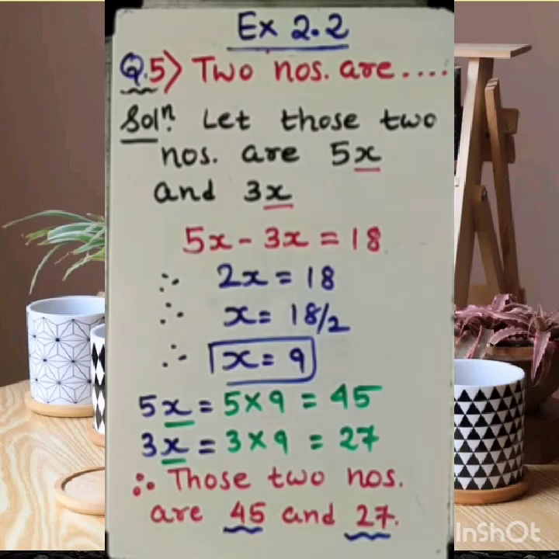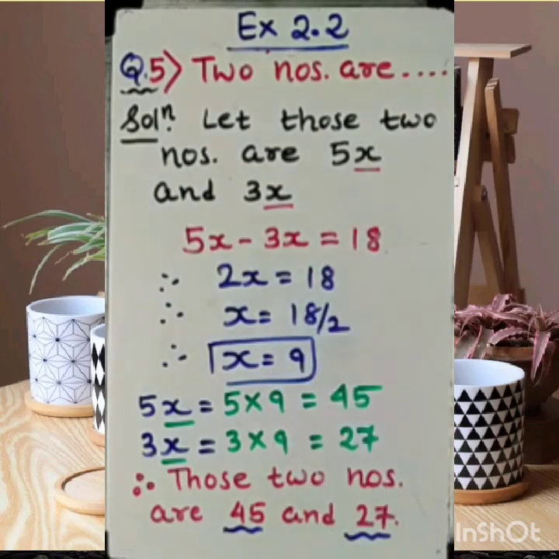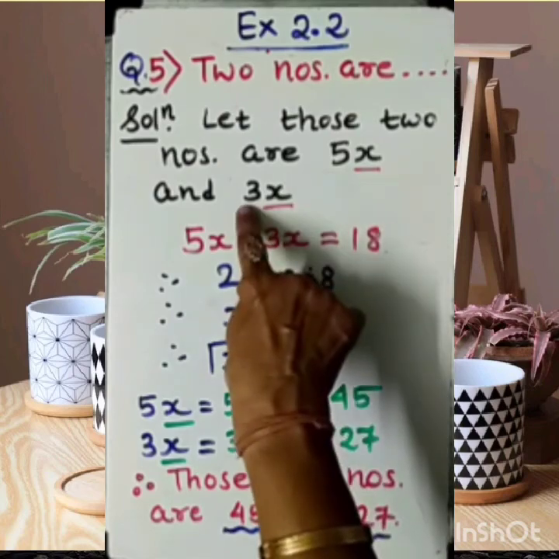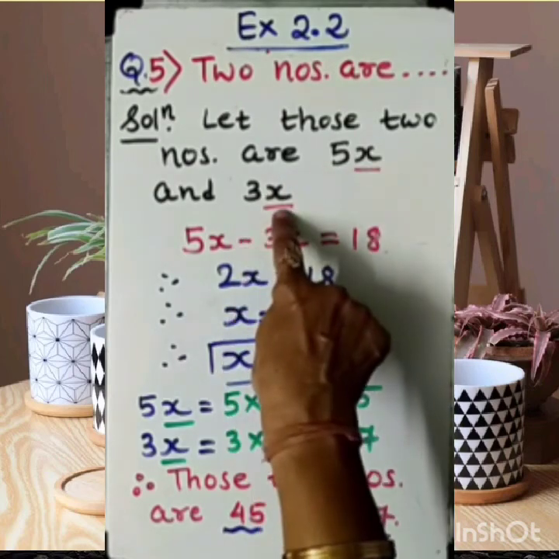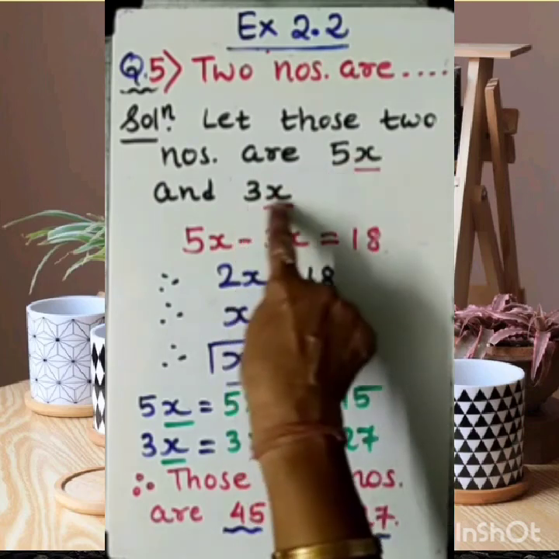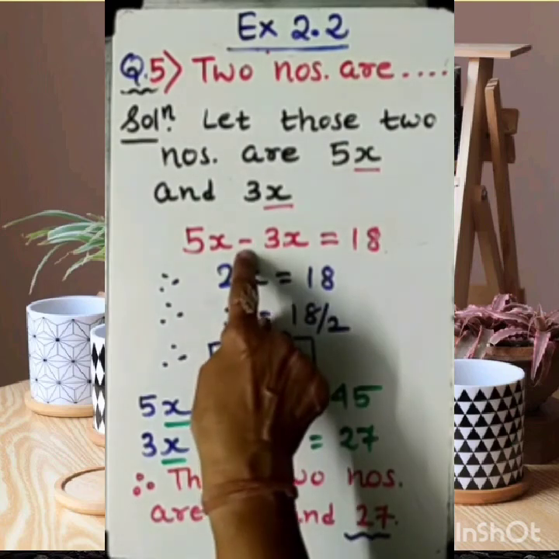Maybe the ratio can be changed. In such a type of question in the examination, the ratio can be changed. Nothing to worry about. Whatever ratio we are given, suppose 2:3 is given, so consider 2x and 3x. Suppose 7:8 is given, so consider 7x and 8x. And if a sum is given, then you need to add.